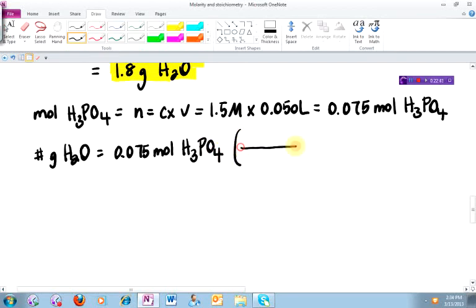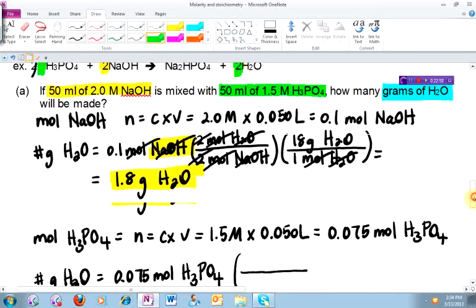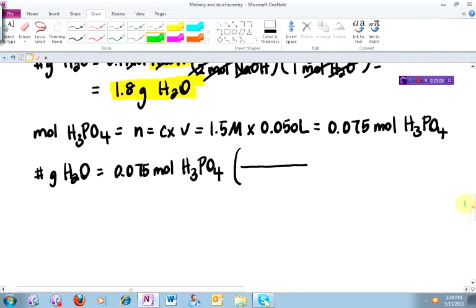Alright, so we need to look at our mole ratio in the equation. We've got no coefficient in front of the phosphoric acid, and we've got a 2 in front of the H2O. So there's a 1:2 ratio that we're going to plug in, so that's our conversion factor. So 2 moles of water for every mole of H3PO4.